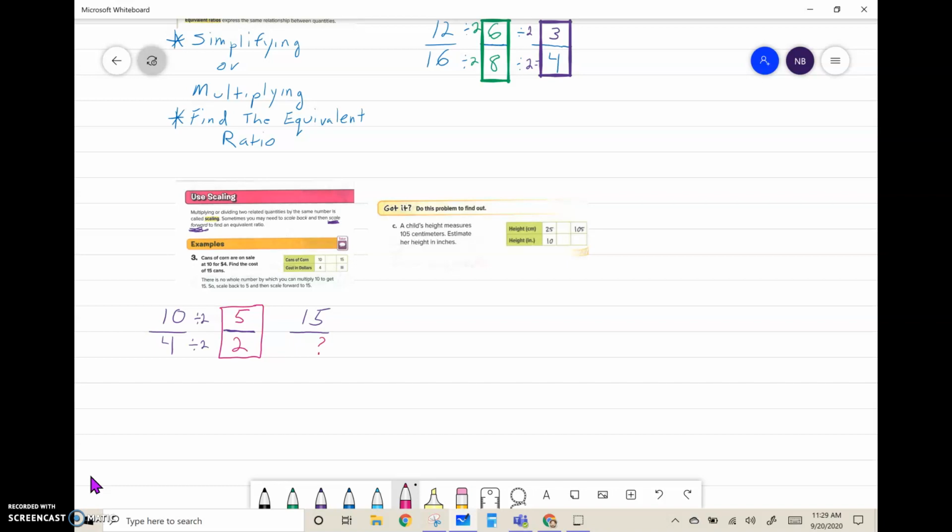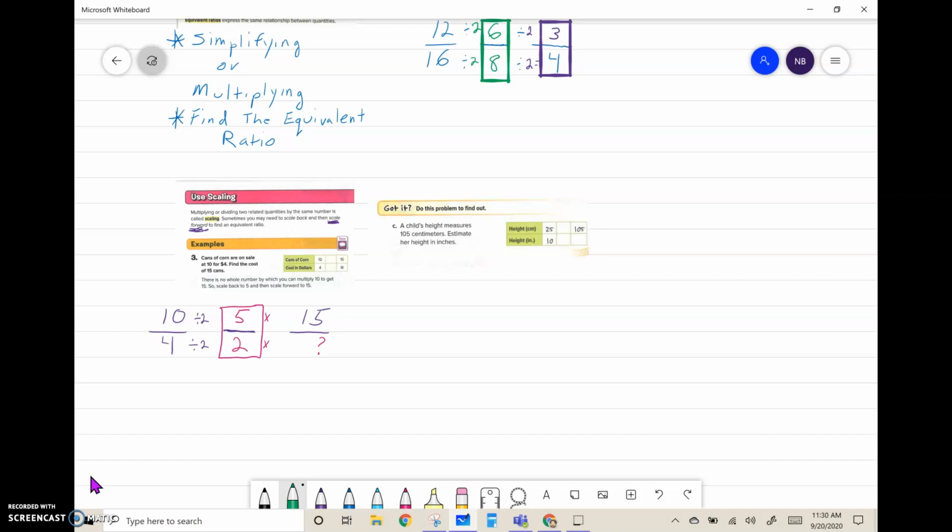In order to do that, I'm going to look at 5 and 15, and we're going to scale up. So 5 times something and 2 times something will get us to our end goal. We're going to be multiplying again by the same number, like what we've been doing in past lessons.